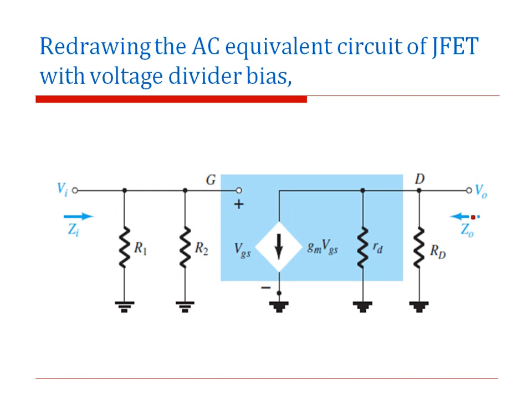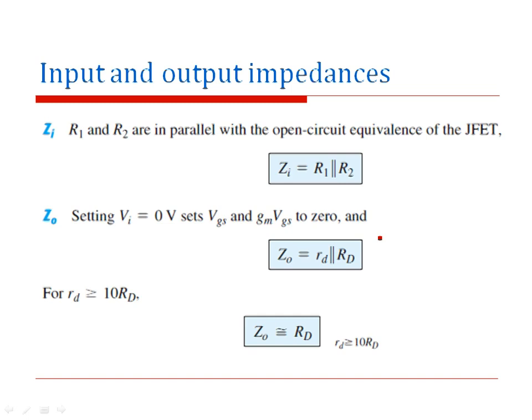Okay, so ultimately, for this particular voltage divider configuration, what are the input impedance and the output impedance? Here at the input you have R1 and R2 which are connected in parallel. So the input impedance will be equal to R1 parallel to R2.